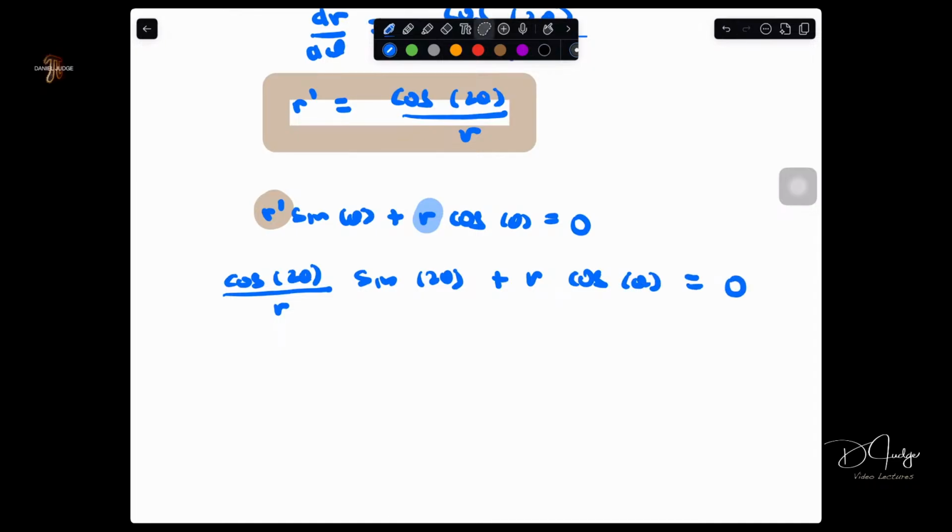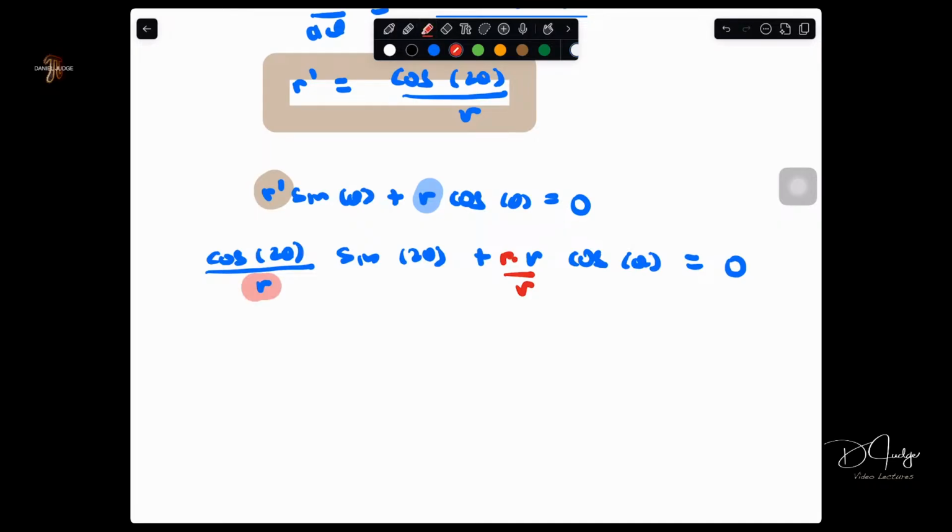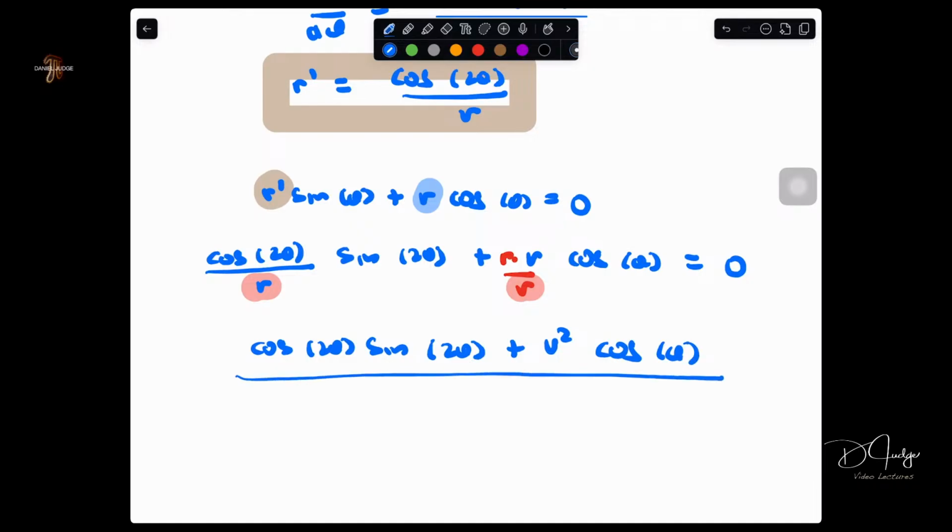All right, we're going to need to do some algebra now. What I'm going to do is multiply the top and bottom by r, so I have the common denominator here of r, so I can add. So cosine double theta sine theta plus r squared cosine theta over r equals 0.